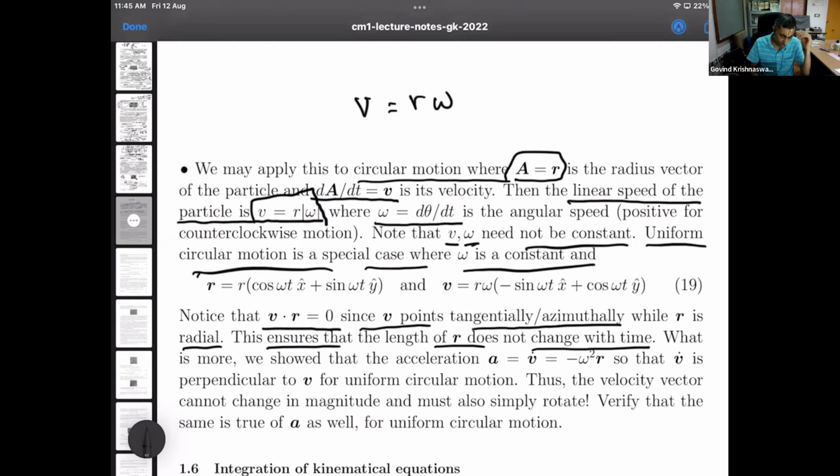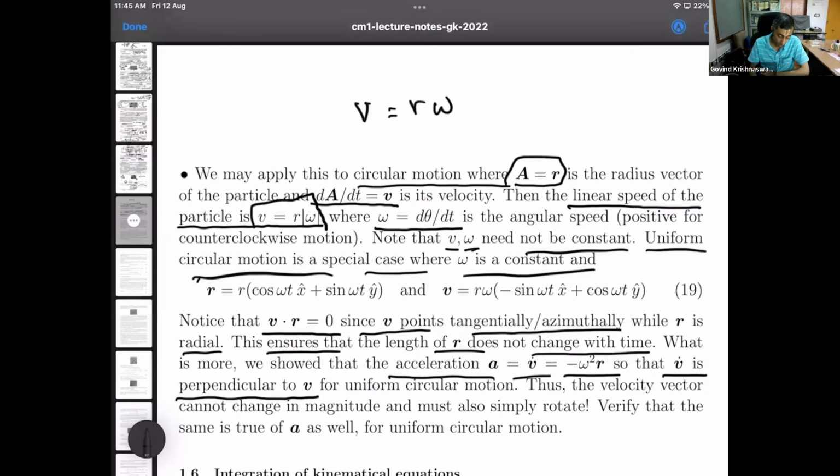So this was just a geometric interpretation of what we have seen. In the case of uniform circular motion, we have even shown that the acceleration, namely V dot, is equal to minus omega squared R, so that V dot is also perpendicular to V. So using our geometric interpretation, we can conclude that the velocity vector also cannot change in magnitude with time, and therefore the V vector must also simply rotate in the case of uniform circular motion.